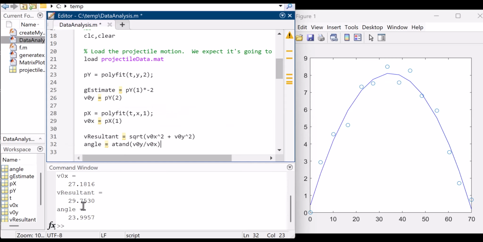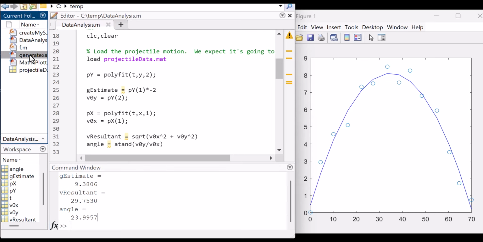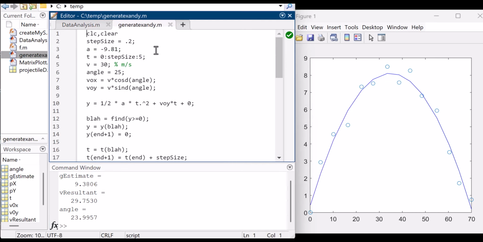Okay, so what this is saying is, based on these calculations, our estimate is that whenever I originally created this data, I used 9.3 for gravity, which is obviously not true. I used 9.81, but the initial velocity was about 29.7, and the angle was about 24. So let's go see.